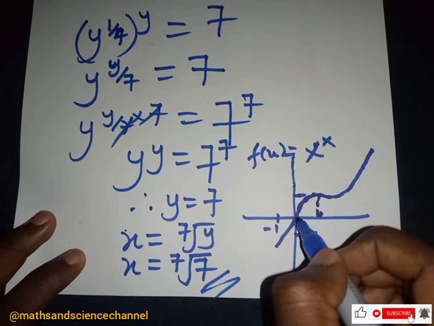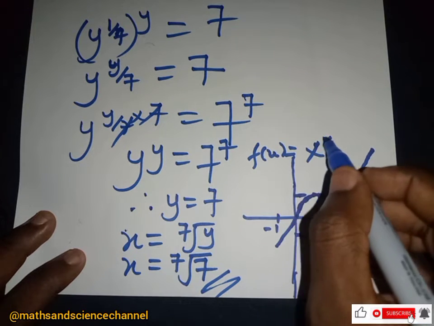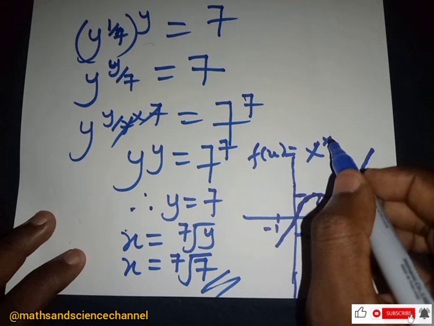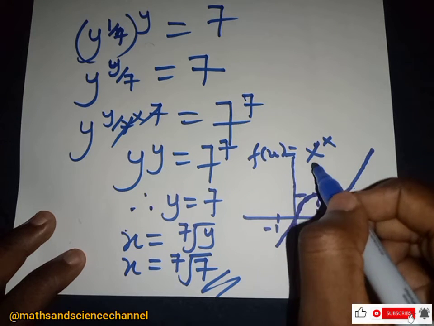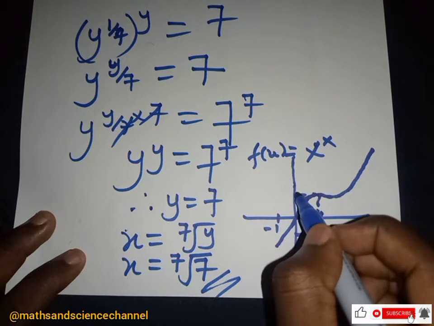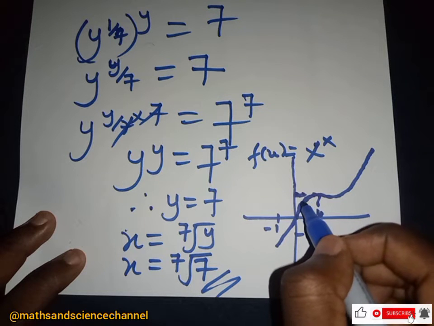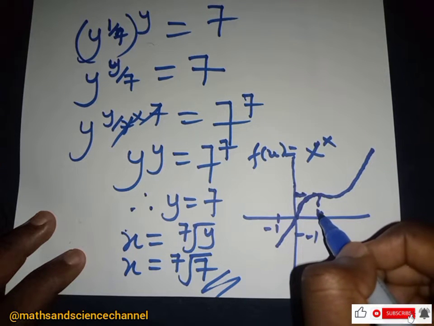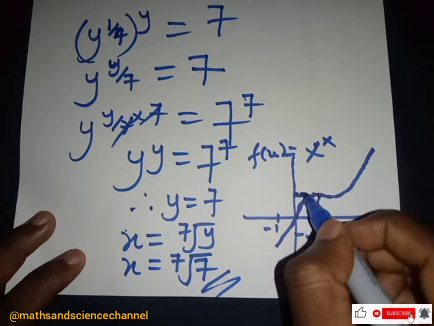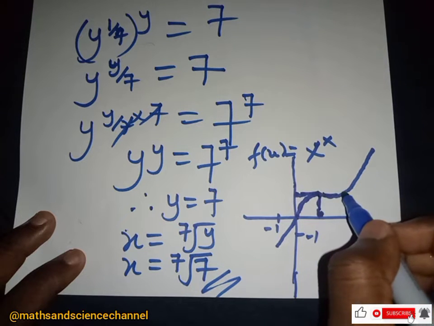And then they are meeting at 1 and then 1. Because if x equals 0 in this case, then f of x will just be 1, and if x equals 1, f of x will also be equal to 1. So we have them over here in this case, right?